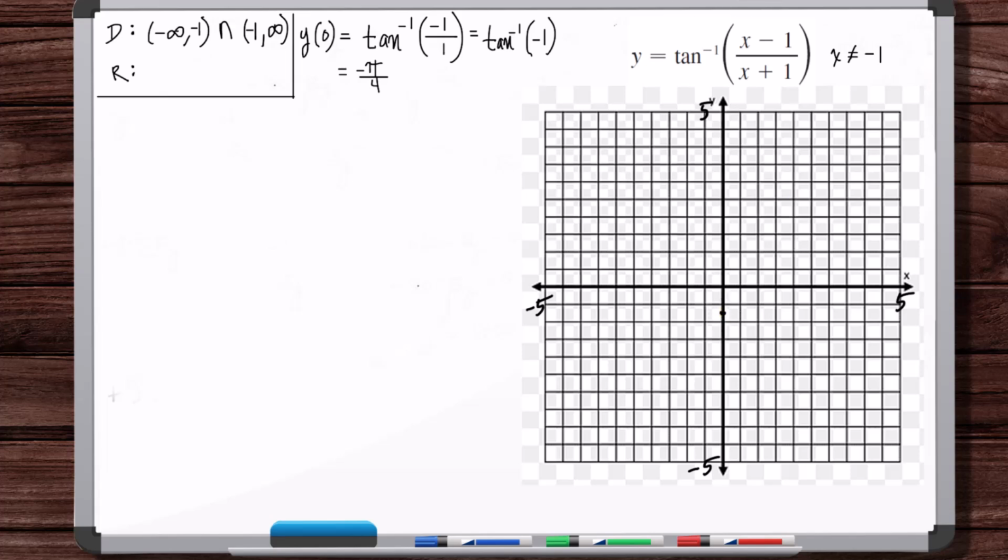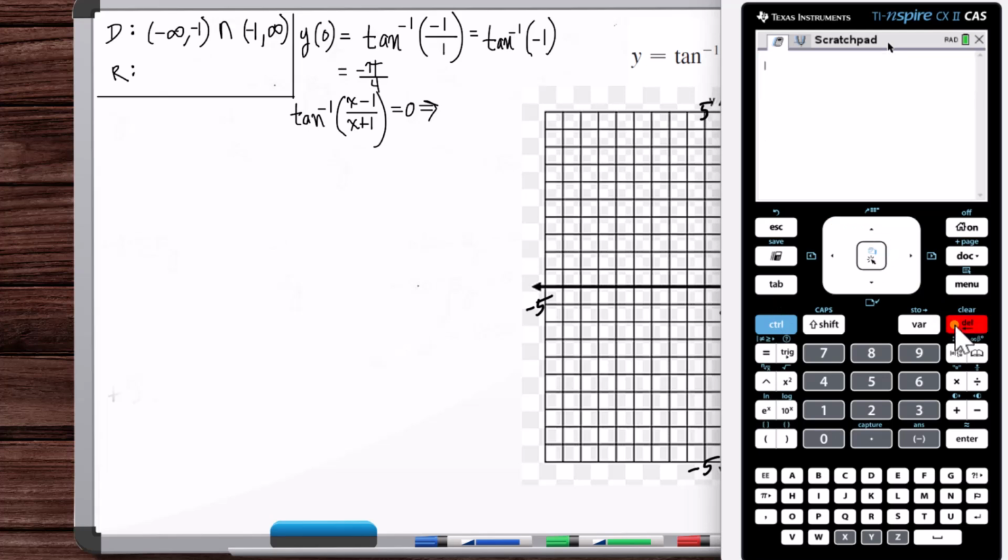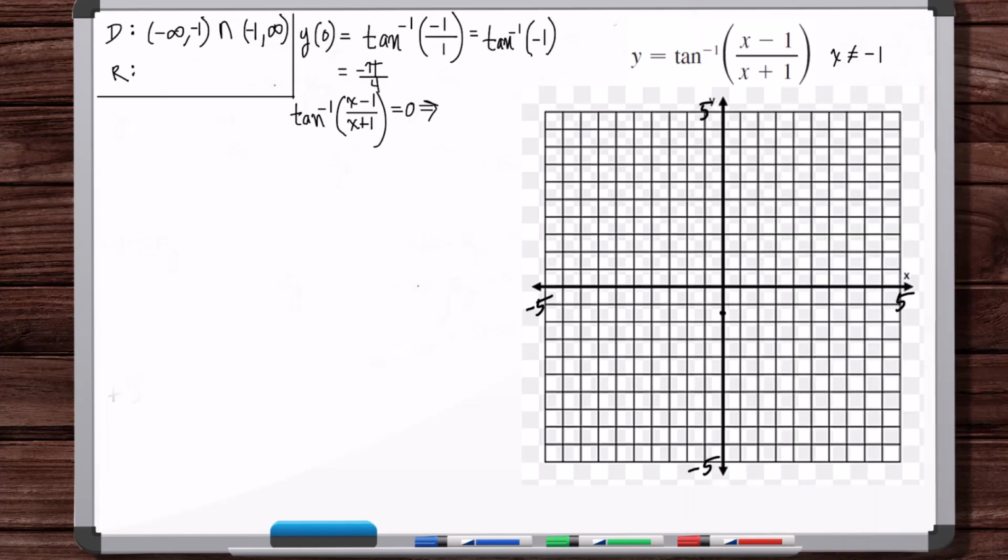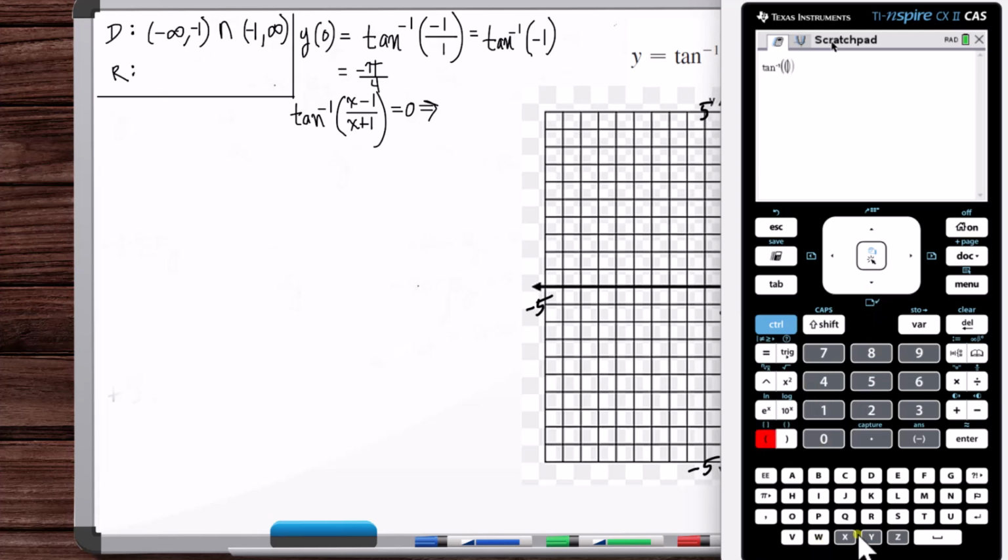Okay, that's the y-intercept. What about any x-intercept? So we set y equal to 0 and solve for x. Did we input the equation yet? No, okay. Arctangent of (x minus 1) over (x plus 1).